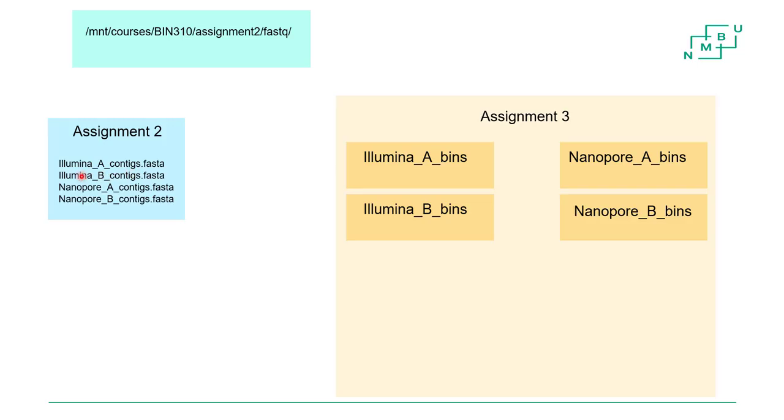Then you do exactly the same here, and this is something you do in R, right? R code. Reading this FASTA file, computing the length of each sequence, keeping only sequences of length 1000 or more, and saving it here. Write FASTA out to this folder, right? And then you do exactly the same for this one, put in here, the same for this one, put in here, and the same for this one, put in here.